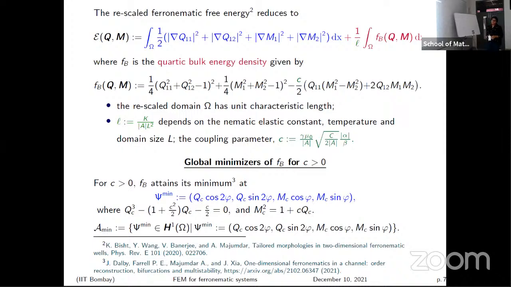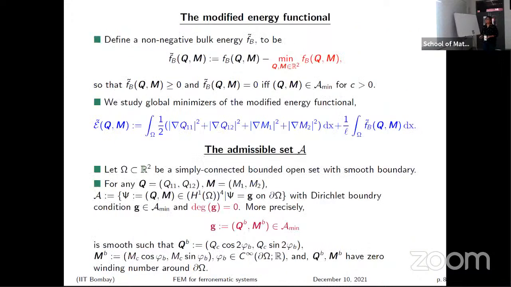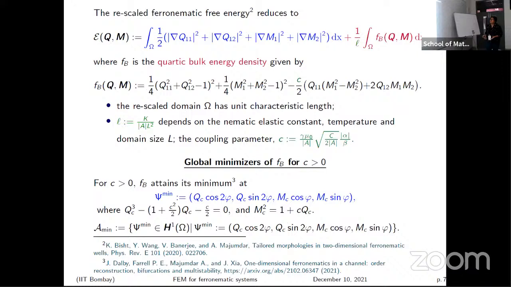Then we define this energy minimizing state, that is the bulk energy minimizing state, which consists of all functions such that they are the global minimizers of the bulk energy density. So for the analysis, we want this bulk energy density to be non-negative, but that is not guaranteed from this formulation.